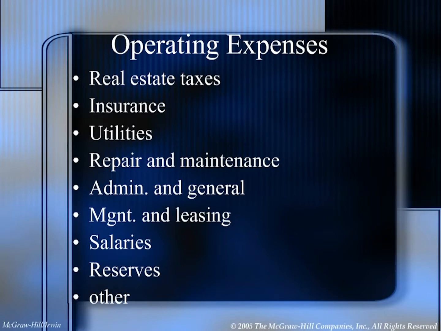And I have seen appraisals where the NOI does include the expense reserves, and sometimes it doesn't. So as long as you know in your comparables that they're doing the same thing you are, then you'd be fine.